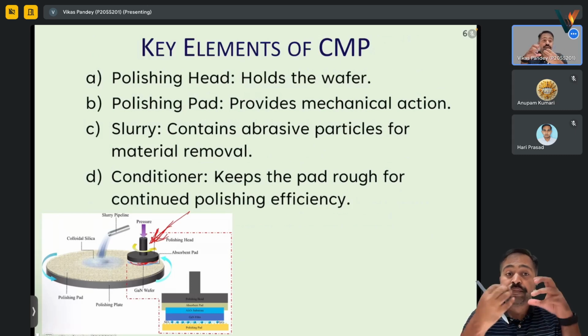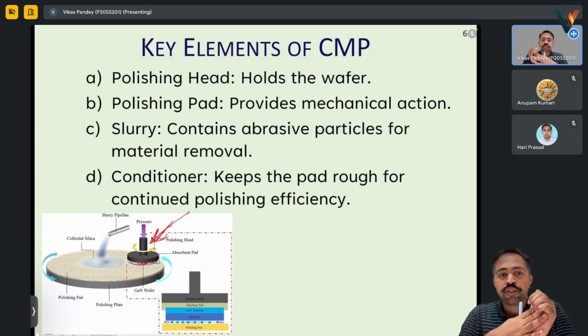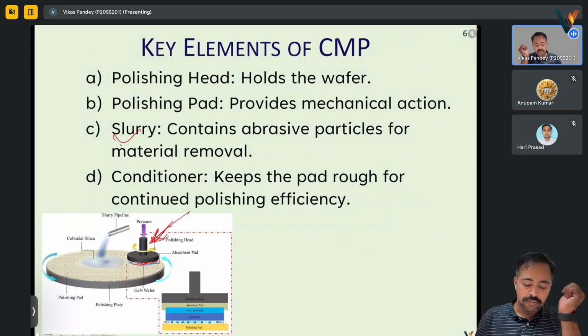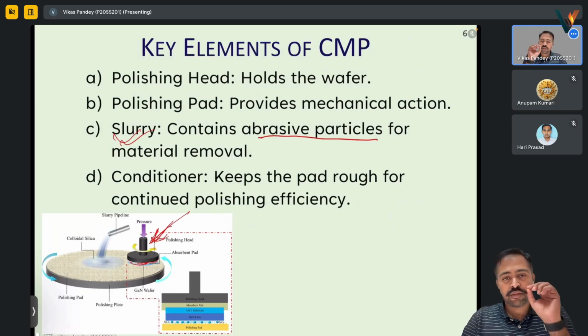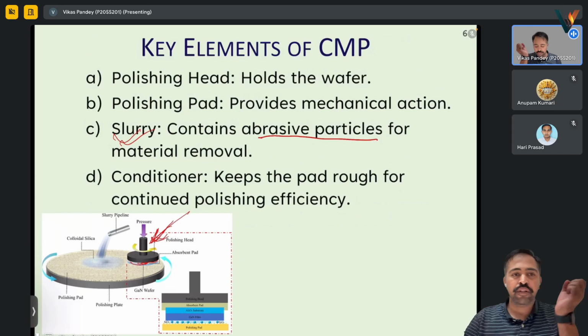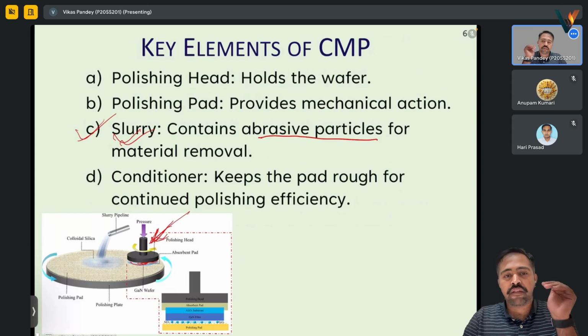What this adsorbent layer will adsorb is a slurry that contains abrasive particles for material removal. The actual polishing will happen due to the slurry containing these abrasive particles. And then we have a conditioner that keeps the pad rough for continued polishing. Okay.